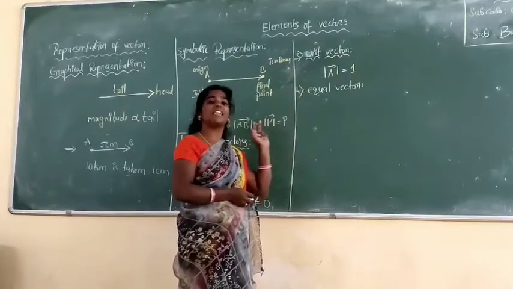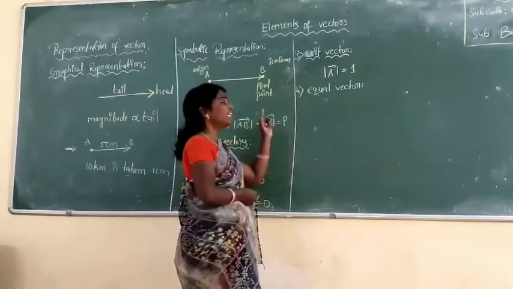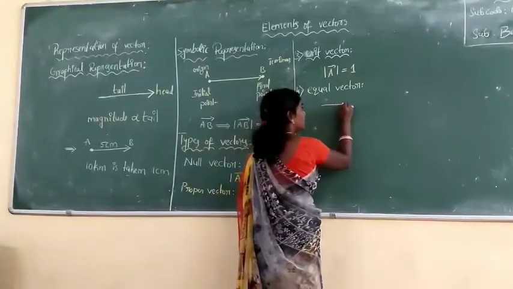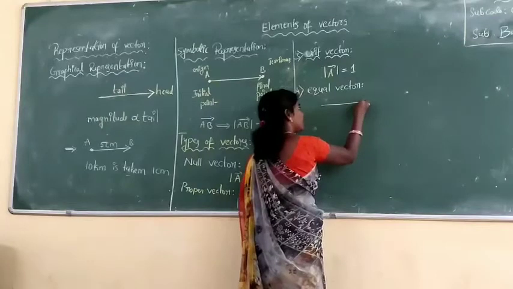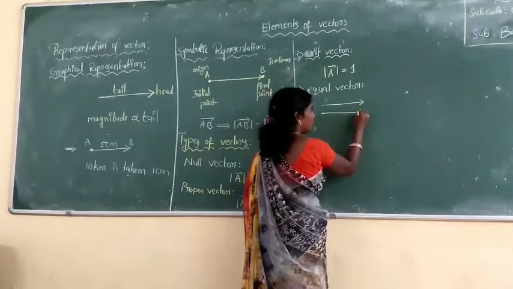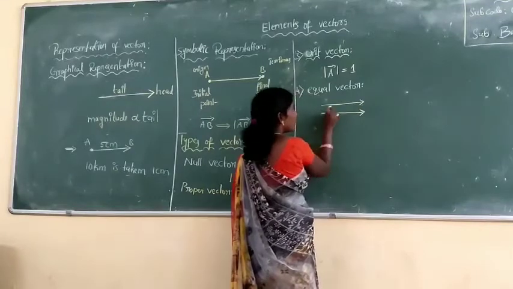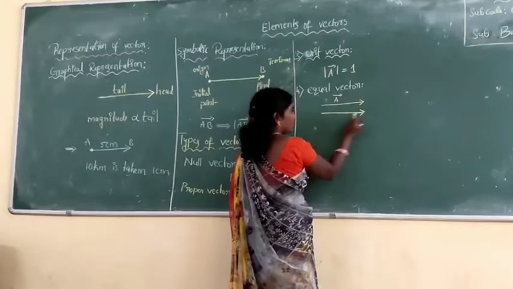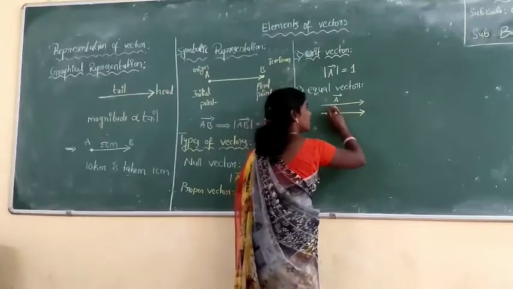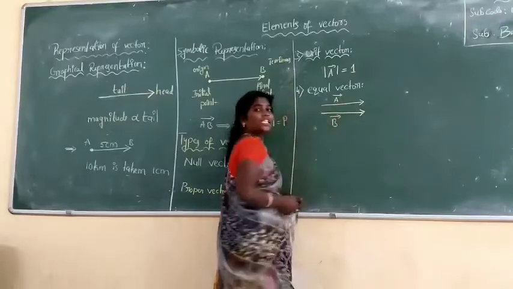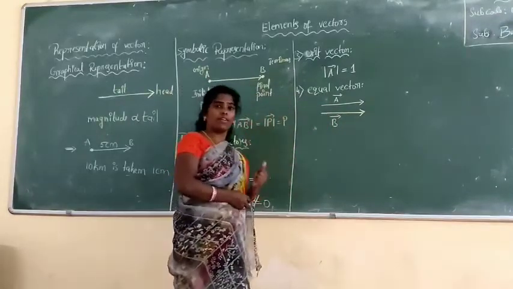Same magnitude, same direction. These vectors are called equal vectors.